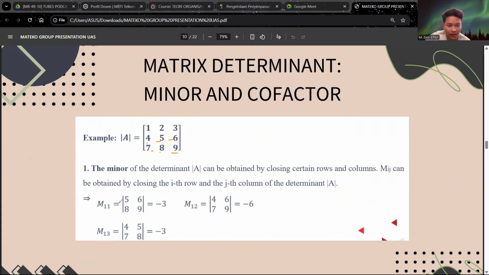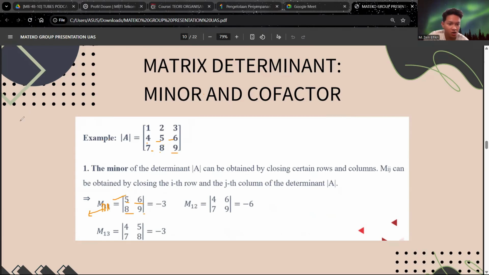So M11, 5, 6, 8, 9, equal to minus 3. You must look here: M11. So this is the row and this is the column. We must close this. So we have the numbers from this.